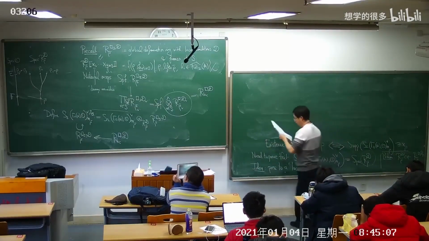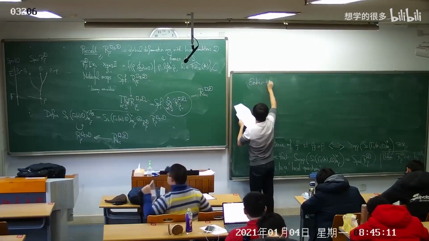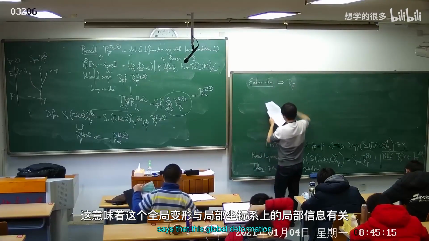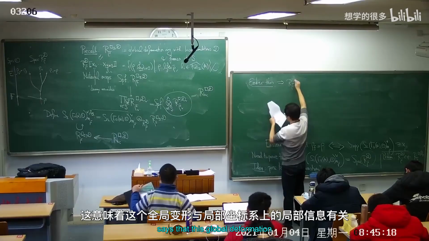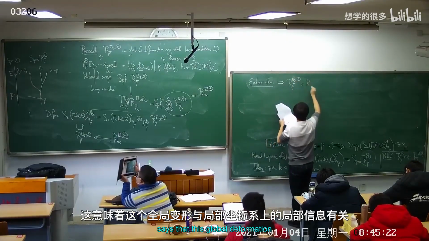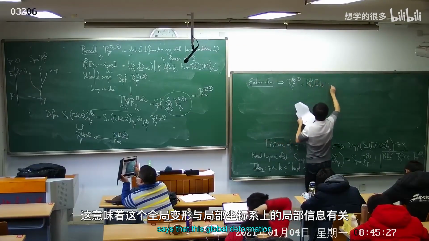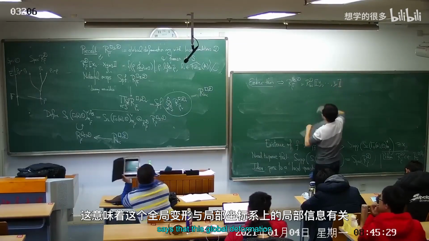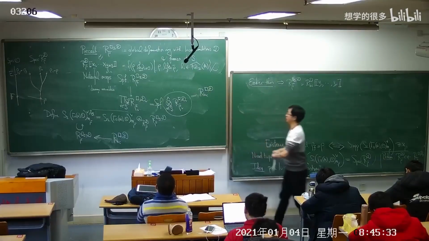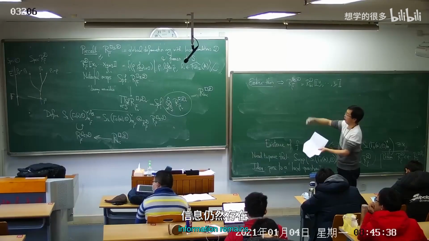So, our earlier theorem says that this global deformation with local frames has a relative representability. It's a relative deformation ring over local deformation rings.